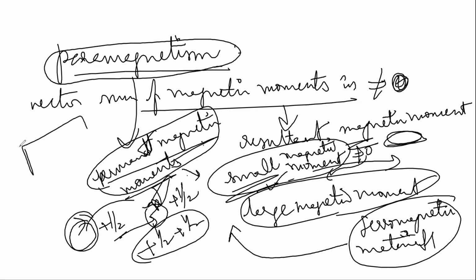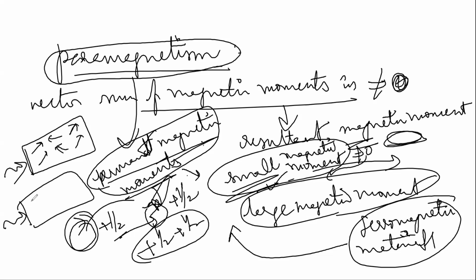So I have a magnet here. Now I am applying an external magnetic field. What is happening? Now I have a random arrangement of atoms, of magnetic moments. Once I apply the external field, all are aligned in the direction of the applied magnetic field with slight magnetic moment.